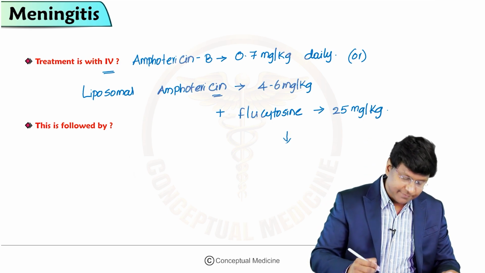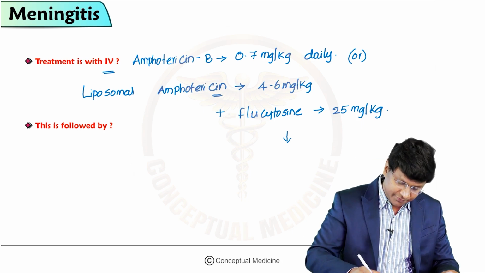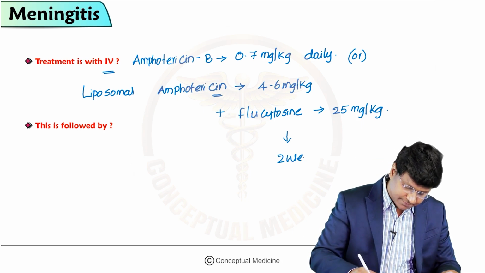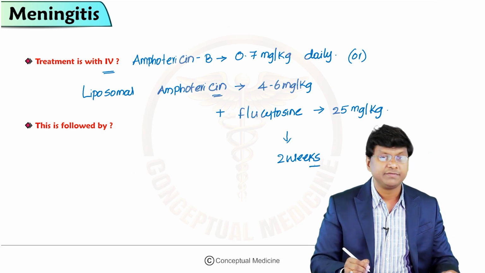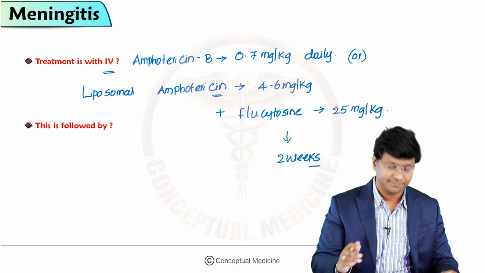Amphotericin B plus flucytosine should be given for at least 2 weeks, until the CSF culture turns negative.